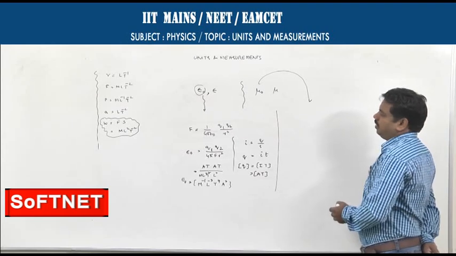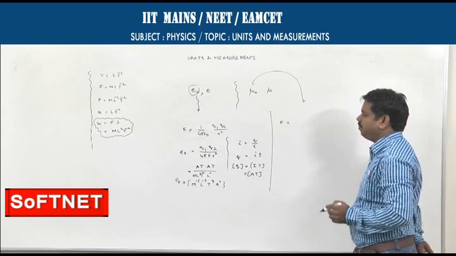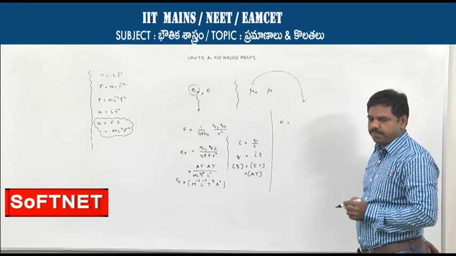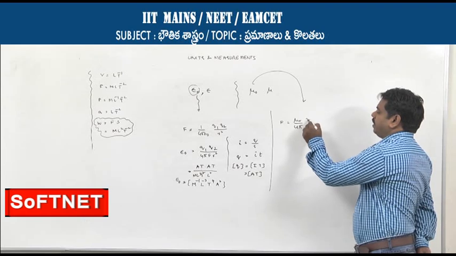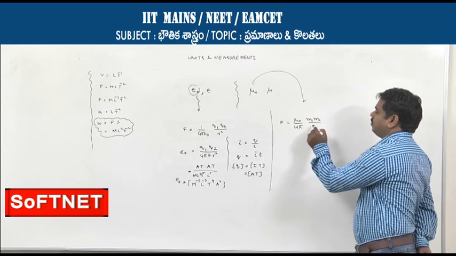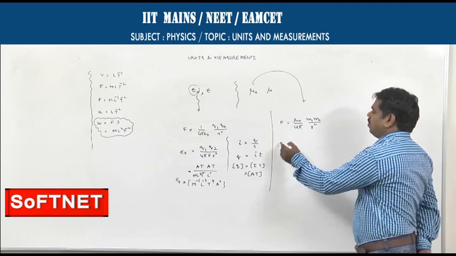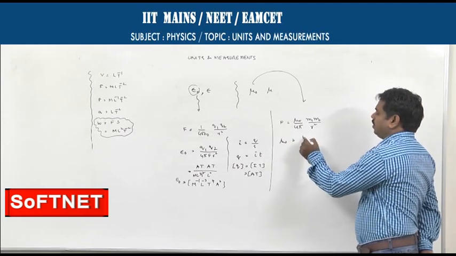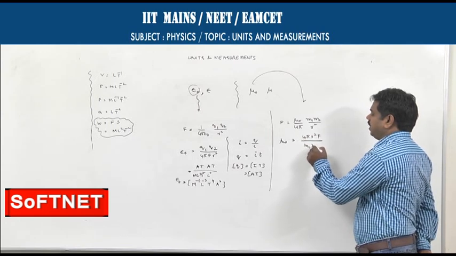You know that in magnetism we already studied that the force of attraction or repulsion between any two magnetic poles is equal to mu naught by 4 pi m1 m2 by r square or d square. Now mu naught we can write as 4 pi r square F by m1 m2.